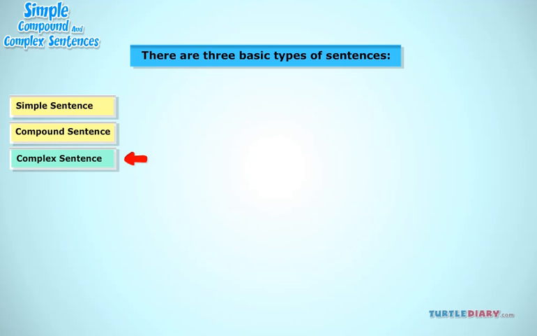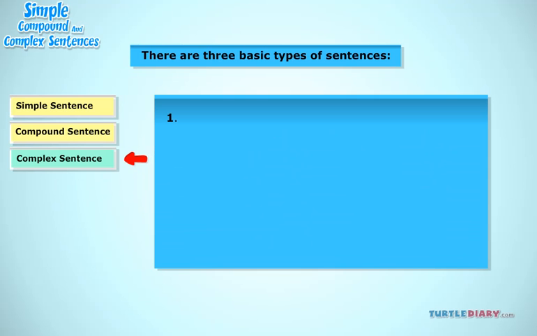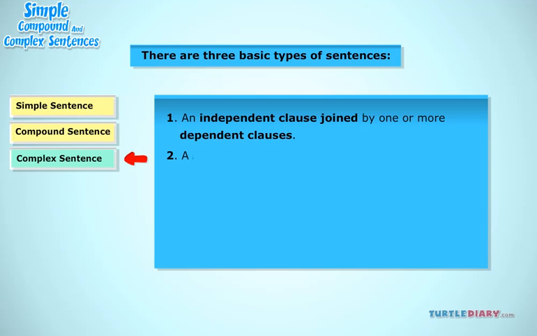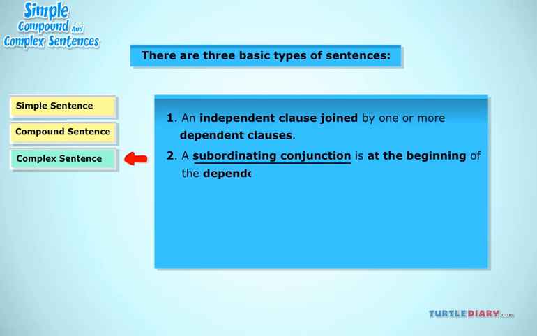Complex sentence. 1. An independent clause joined by one or more dependent clauses. 2. A subordinating conjunction is at the beginning of the dependent clause. 3.